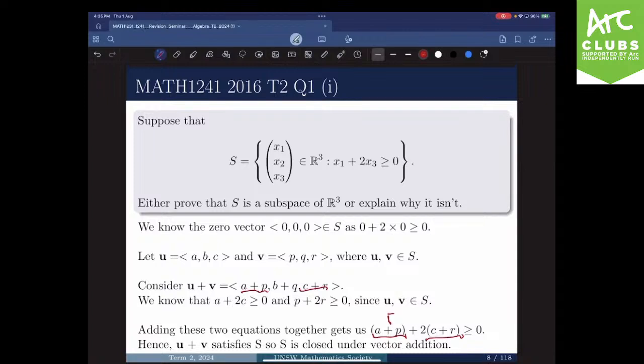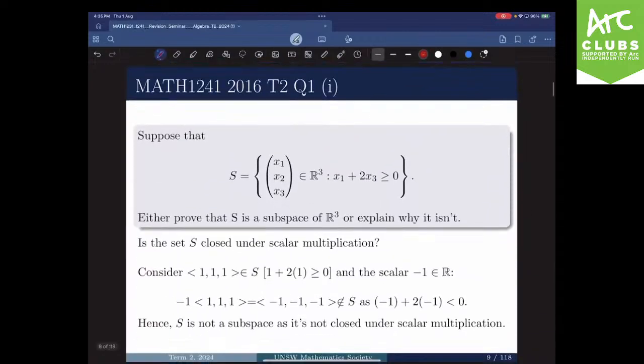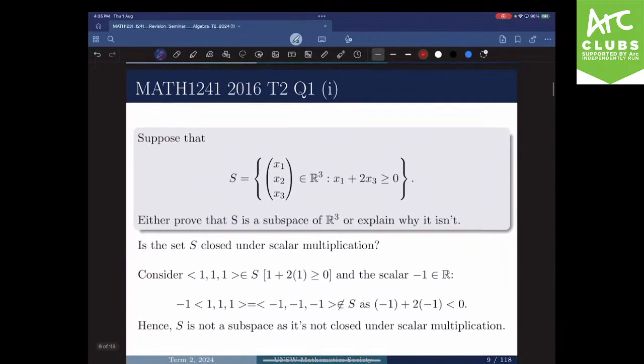Nice, we have the zero vector and closure under vector addition, but we still need closure under scalar multiplication. But we can see it's just not closed under scalar multiplication. If we consider the vector (1, 1, 1), we can see it's in S, since 1 plus 2 times 1 is 3, which is greater than or equal to 0.